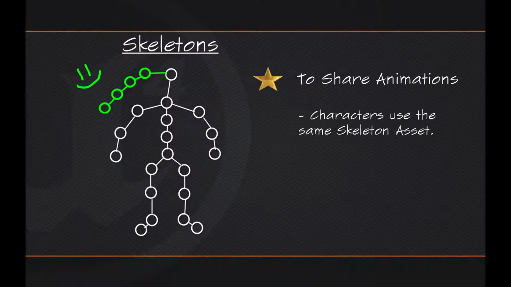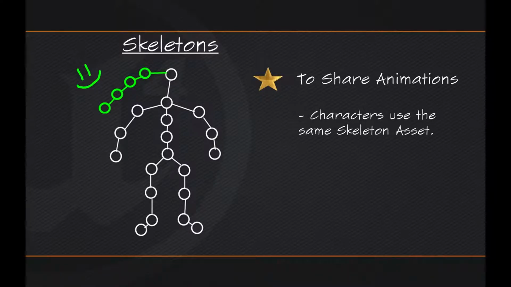This is totally fine. You could totally do this. If you had two skeletal meshes, the one with the ponytail could use the same skeleton as the one without the ponytail. And there's no problem in doing this. With these two characters using that same skeleton asset, Unreal will automatically know that they are the same, and that this here is just an additional appendage, so to speak. It won't affect the initial character.